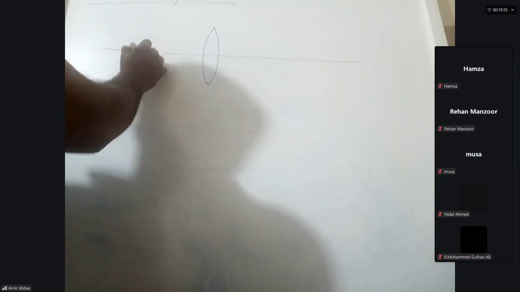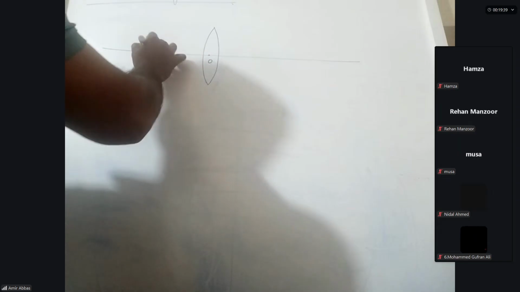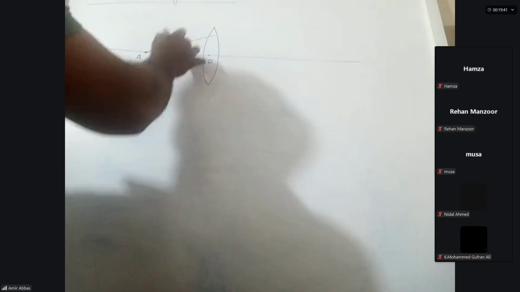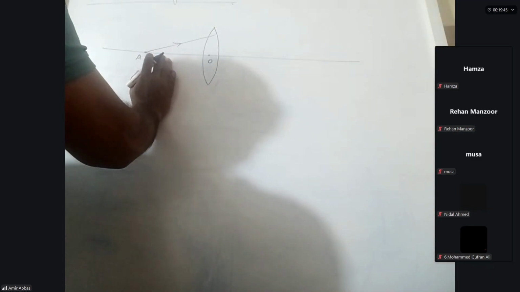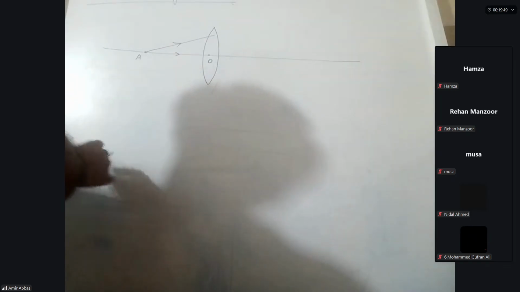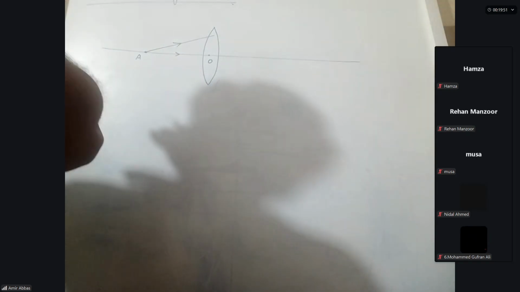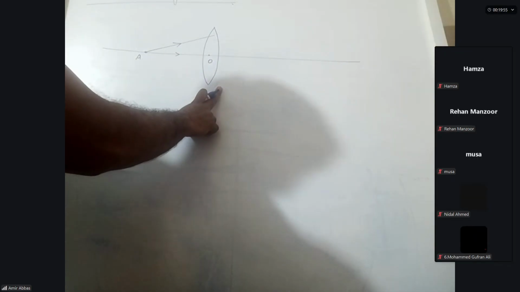Let us say this is an object at point A. For drawing the image on this side, we need two rays. One is passing through the optical center, which passes undeviated.